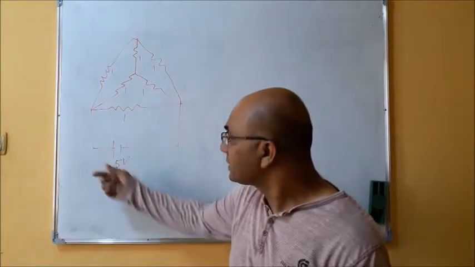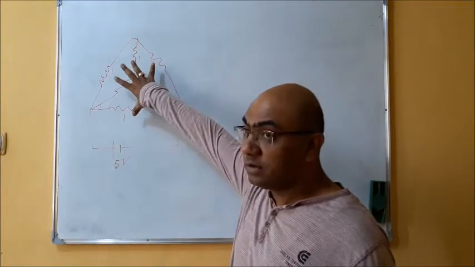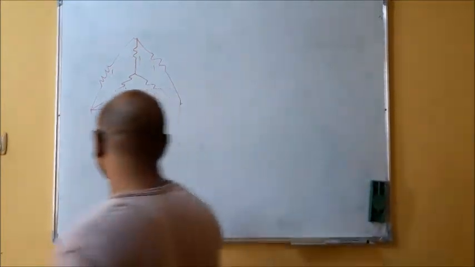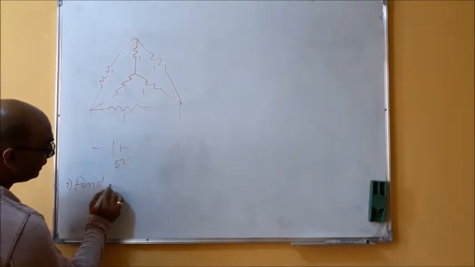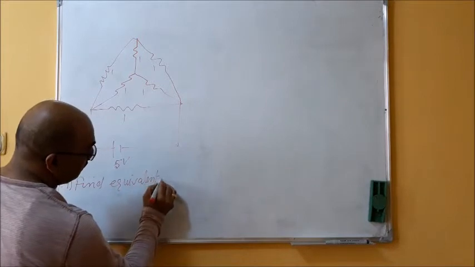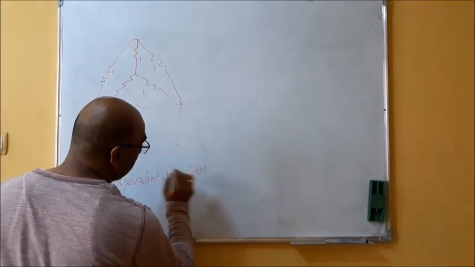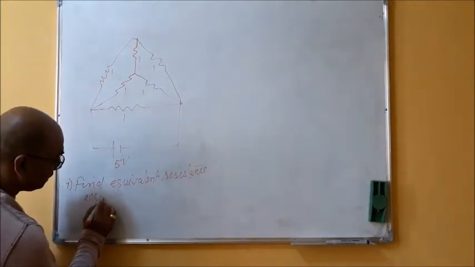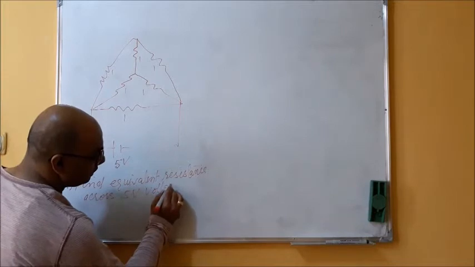The whole circuit is connected with a 5-volt battery. So find number 1, the equivalent resistance across the 5-volt voltage source.